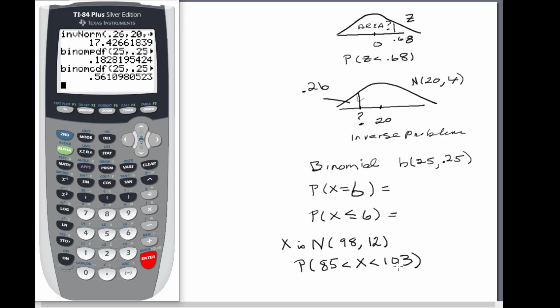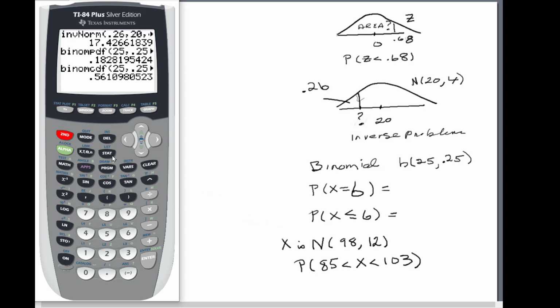Now this is a problem that Minitab requires us to do 2 separate operations to get an answer. We'd have to calculate less than 103, and then calculate less than 85, and then take the difference. But the calculator will do all of that in one step, and let me show you how.